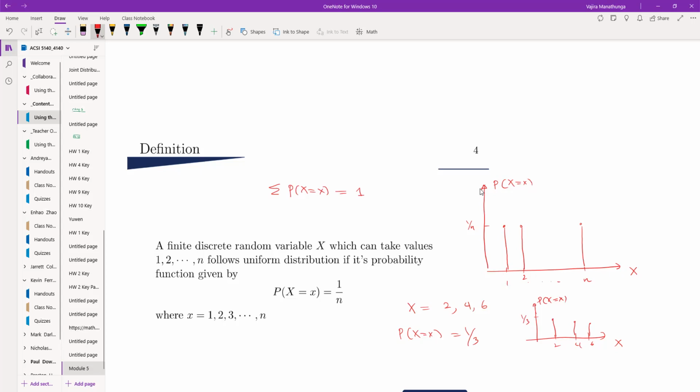So if you have n values, then by taking the sum of 1 over n, n times, you end up with n over n, which is 1. That's why you have 1 over n. This kind of distribution we call a discrete uniform distribution.